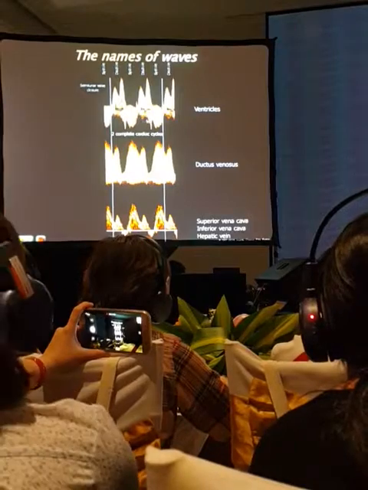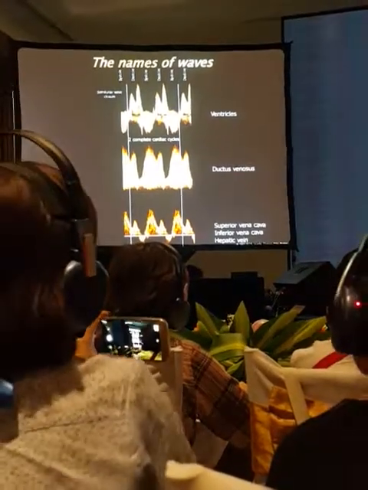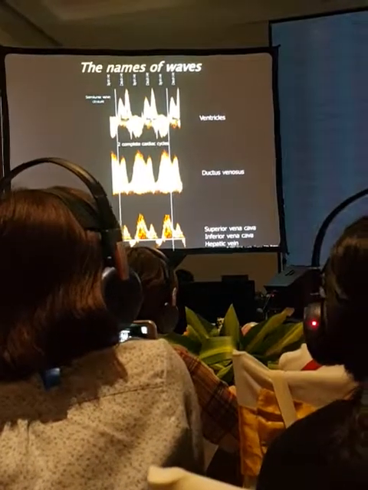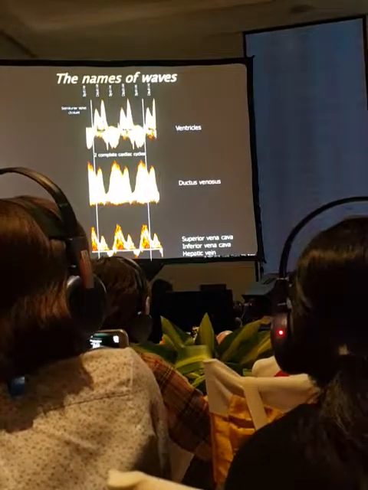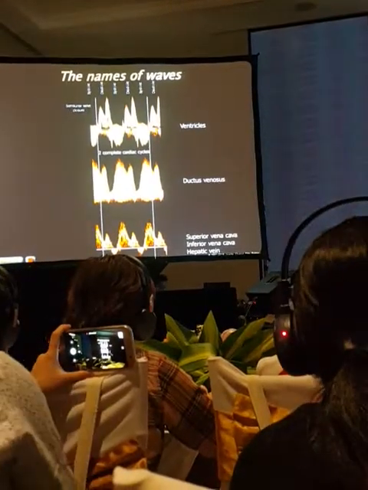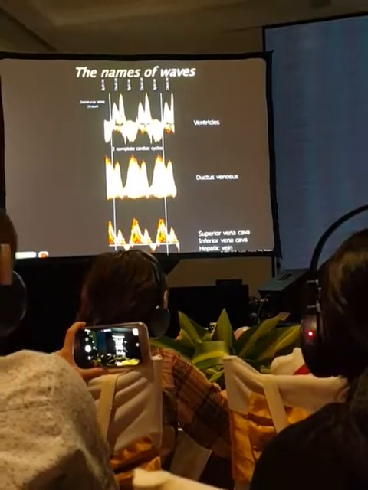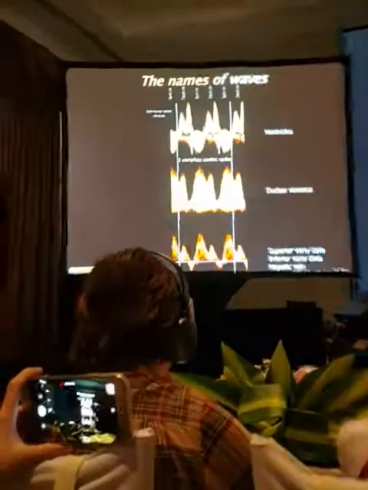So here we have two complete cardiac cycles, and actually there's more detail you can see. Here I told you is the sublunar valve closure. Between the sublunar valve closure and the E wave, you have a little gap here. That little gap in between is the isovolumic ventricular relaxation.